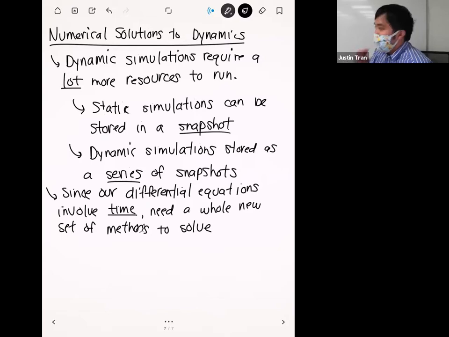Because up to this point, we've been solving differential equations, right? We've been doing static structural, and that's solving a differential equation.